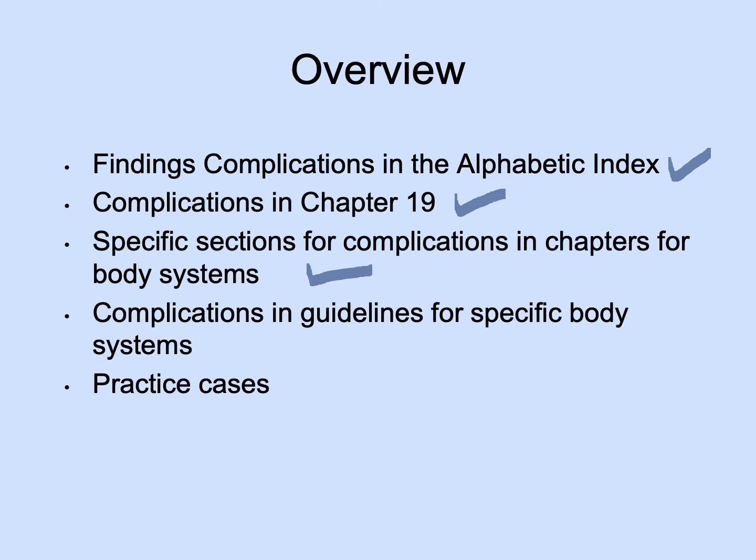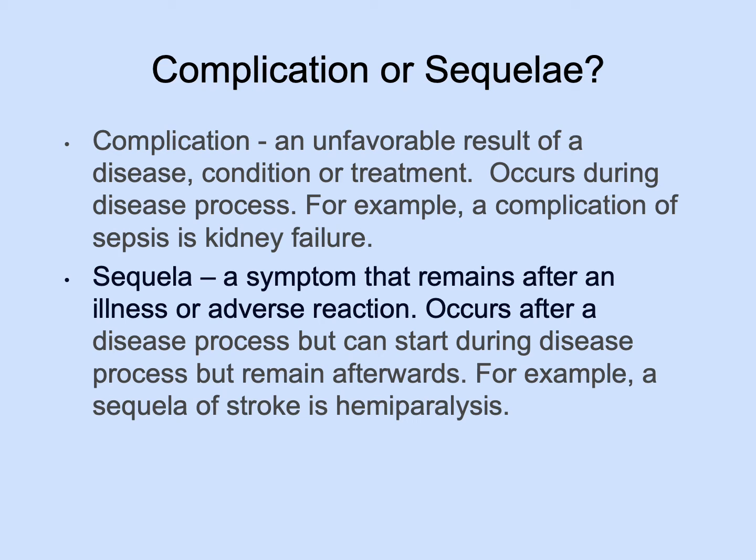Not every chapter has specific guidelines for complications, but many do. And then finally, I'm going to do some practice cases, because cases are always helpful so that you can put together what we talked about into a specific case.